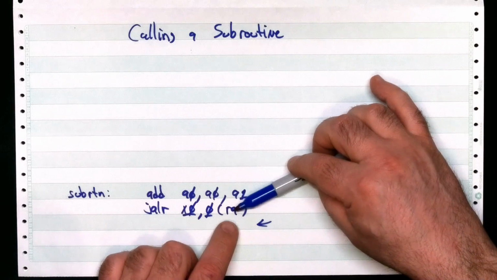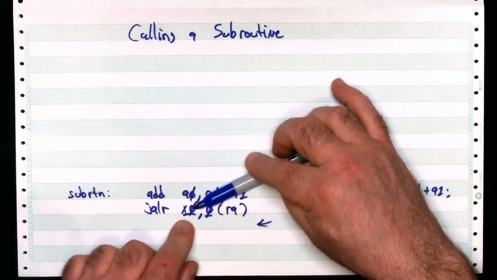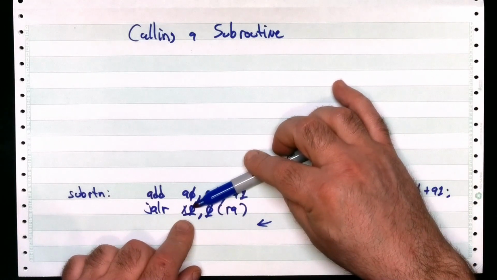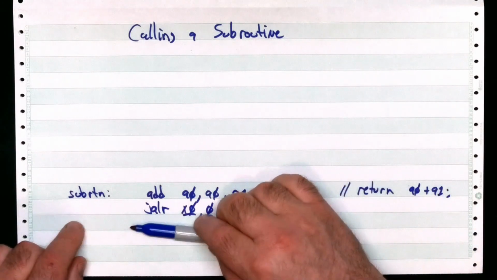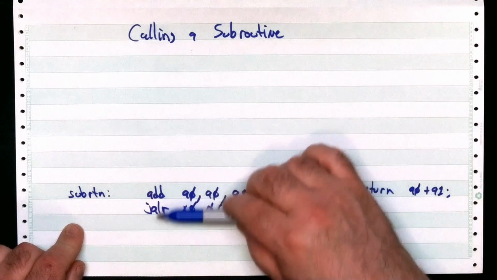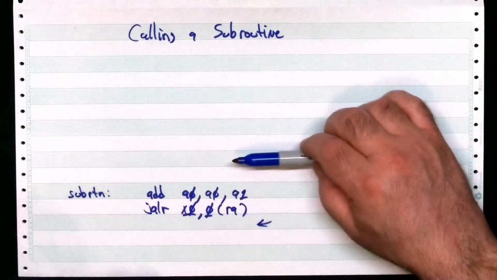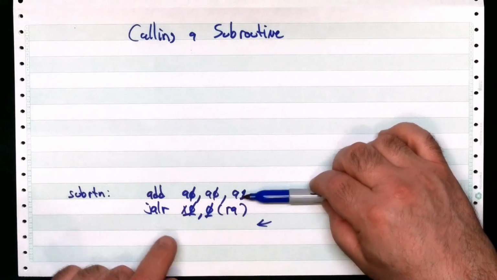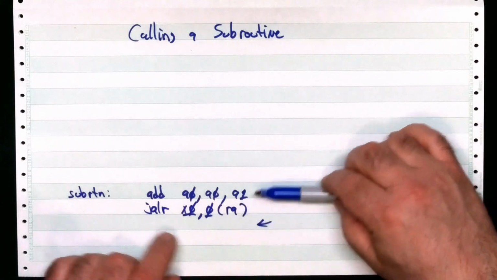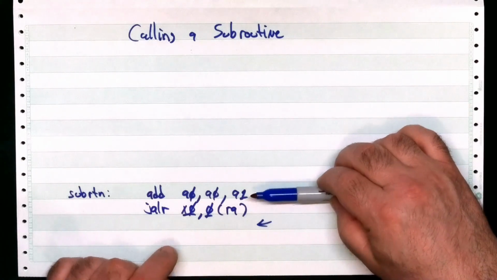We want to just go to RA, and we don't care about the address that could be used to hold the address of the next instruction down here. So this is your entire subroutine that does this. Boom. You'll notice we never touched any memory. This runs much faster than a subroutine that needs to touch memory.